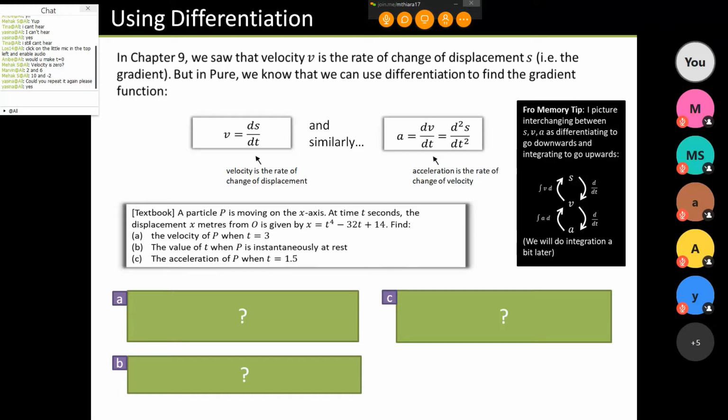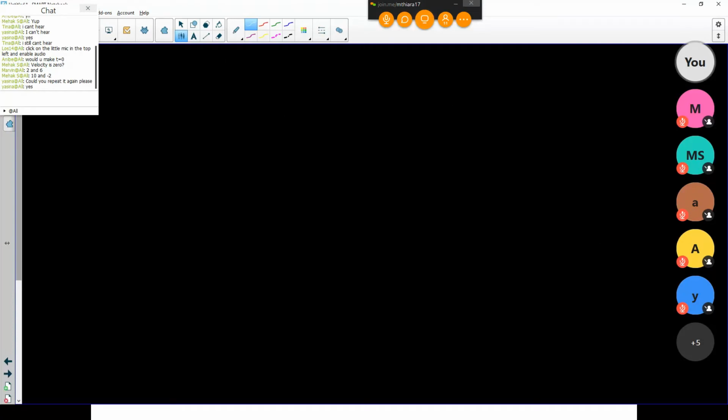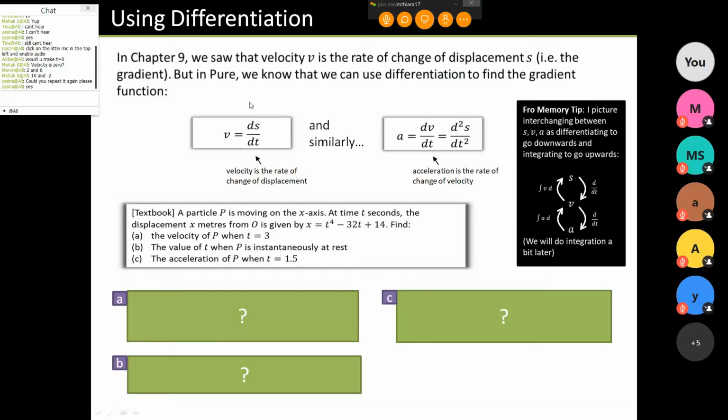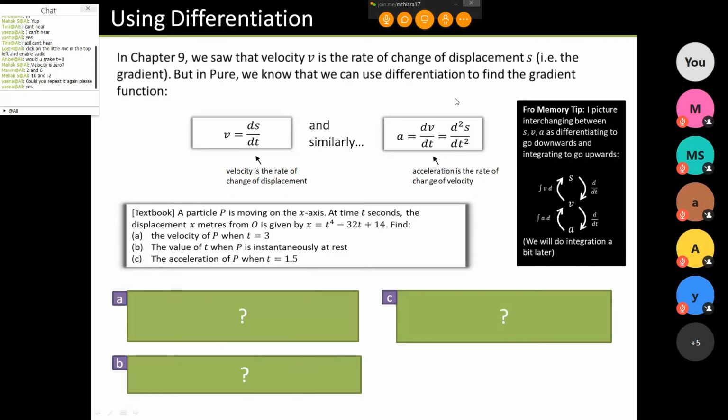I'm just going to copy this into my whiteboard app, and then I'll take it from there. So x is equal to t to the power of 4 minus 32t plus 14. I'm just going to double check that. Yep.